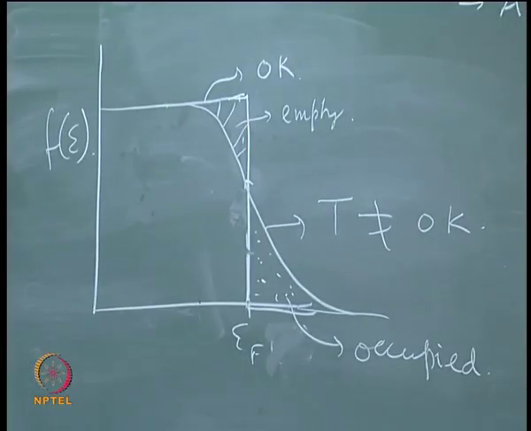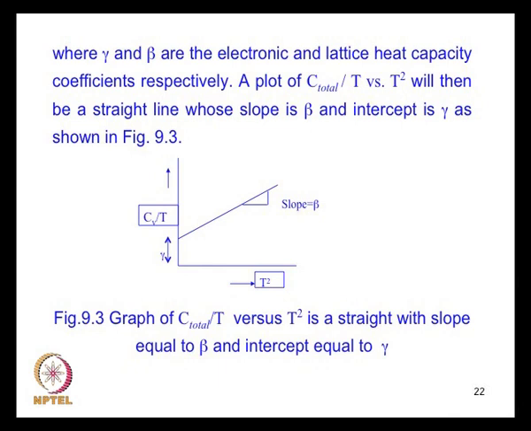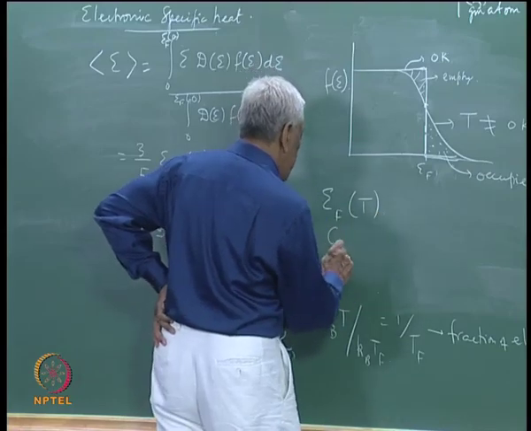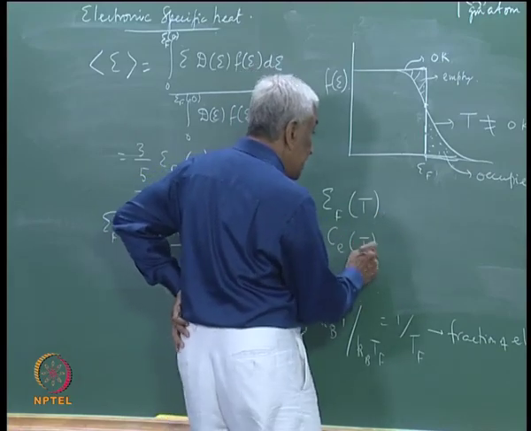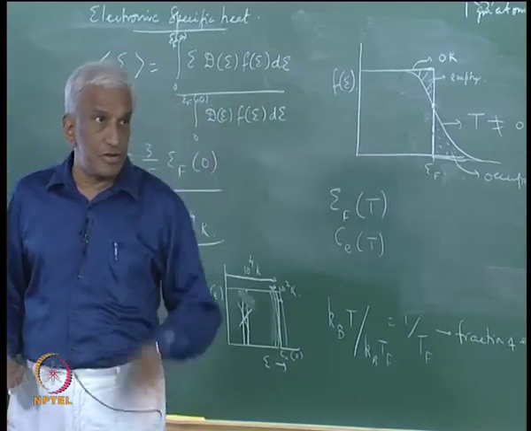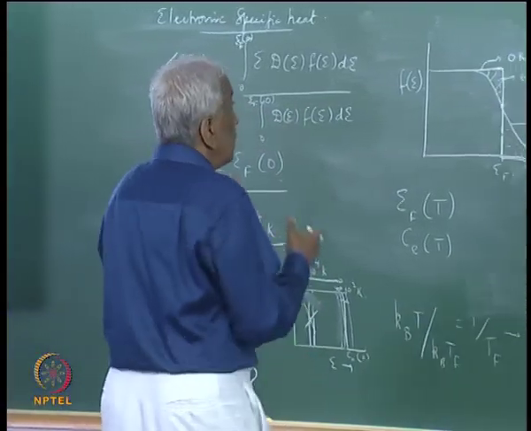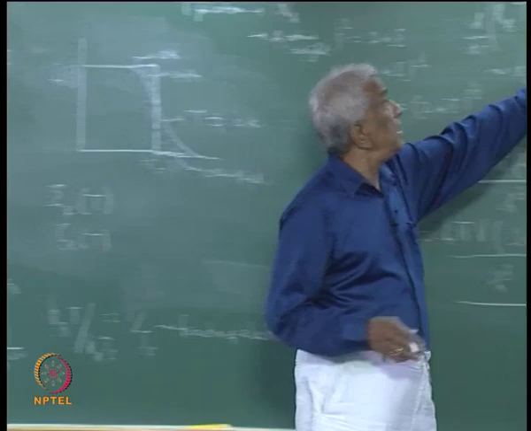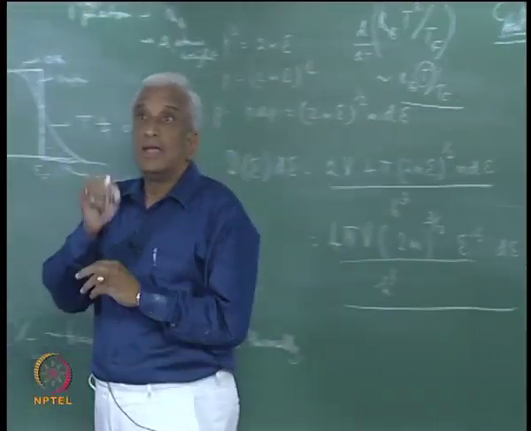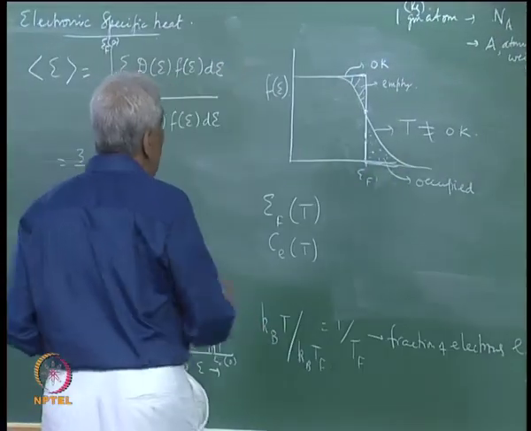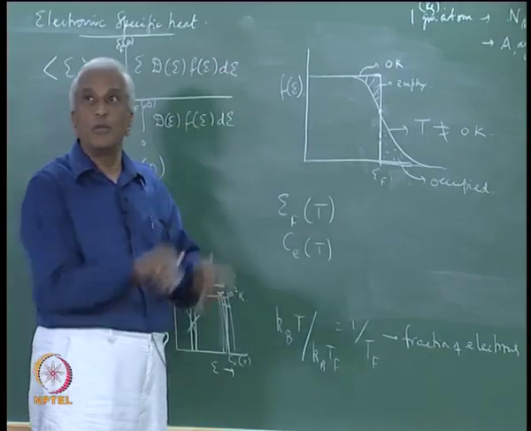So, this is the behavior, and this will modify the Fermi energy. The Fermi energy will be a function of temperature now, and the heat capacity coefficient is still found to be a linear function of temperature, but the constant, the linear heat capacity coefficient, is slightly different. We will not calculate this, this is the overall behavior.